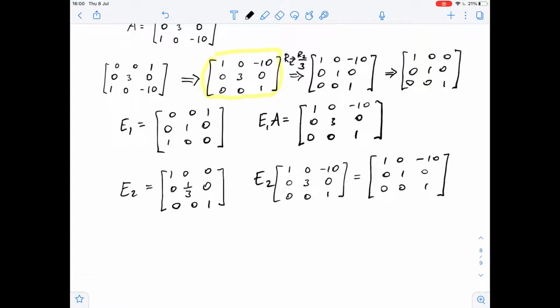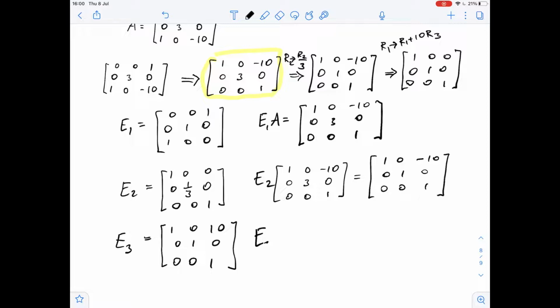Our next step is adding 10 times the third row to the first row. So here row 1 becomes row 1 plus 10 times row 3. So the elementary matrix which corresponds to this row operation, E3, equals 1, 0, 10, 0, 1, 0, 0, 0, 1.